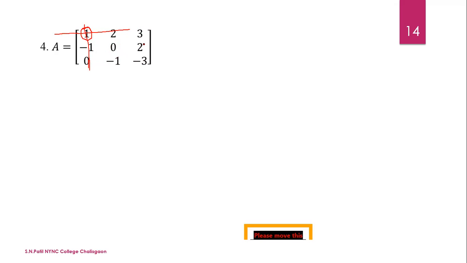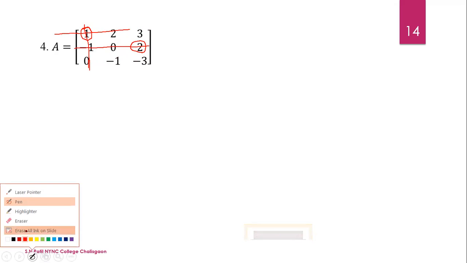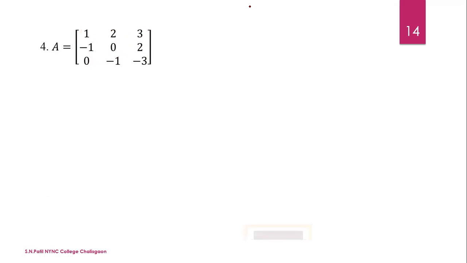See here, minor of the 2 element. What is the definition? Deleting the row and column intersected by that element, then the remaining terms. What are the remaining terms? 1, 2, 0, minus 1. This is the minor of 2.